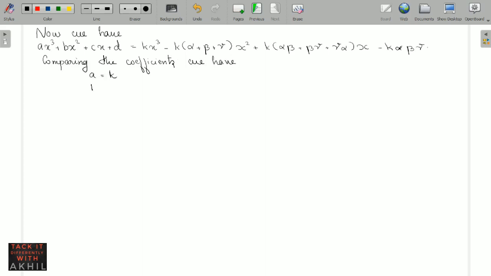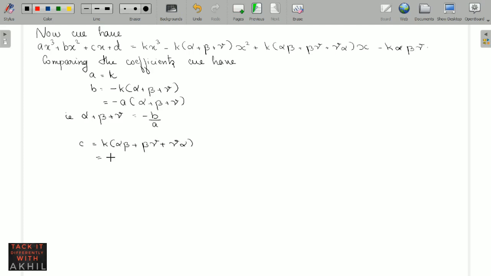First we have a equal to k. b equal to minus k into alpha plus beta plus gamma. Substituting the value of k, b equal to minus a into alpha plus beta plus gamma, then we have alpha plus beta plus gamma equal to minus b by a. Similarly, c equal to k into alpha beta plus beta gamma plus gamma alpha, that is equal to a into alpha beta plus beta gamma plus gamma alpha.